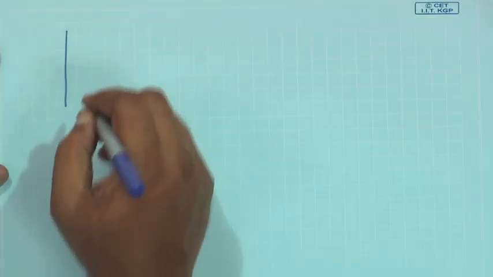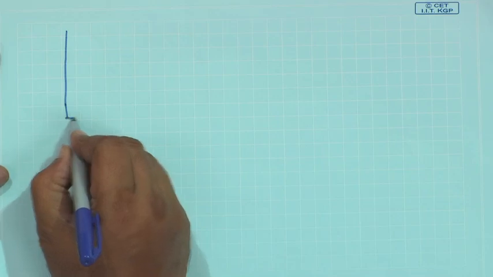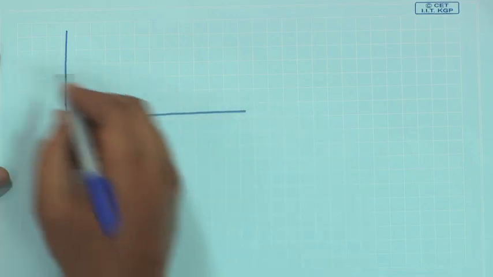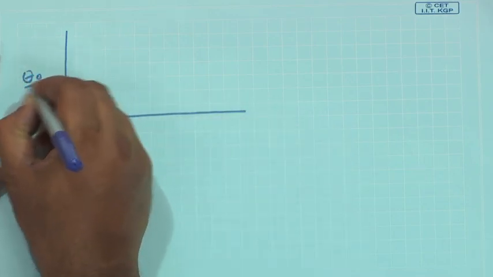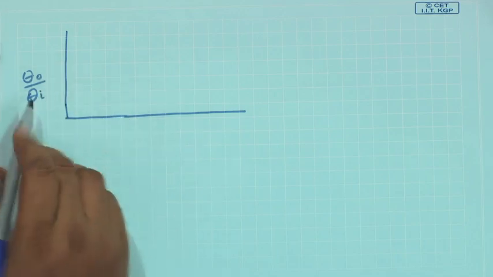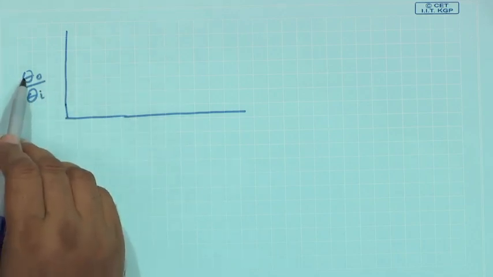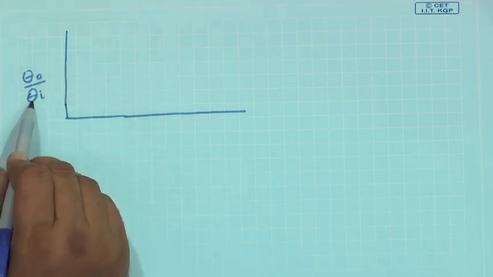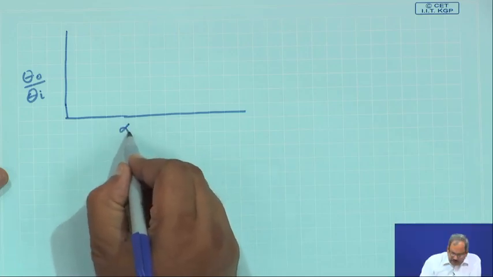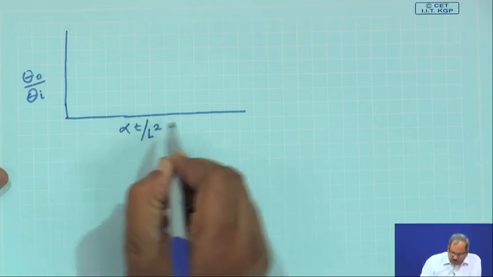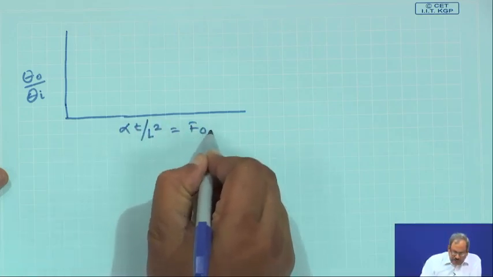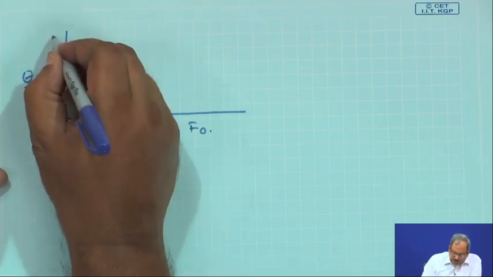In your text you would see that this theta 0 by theta I, this is the centerline temperature and this is the initial temperature. They are plotted as a function of Fourier number between 0 to 1.